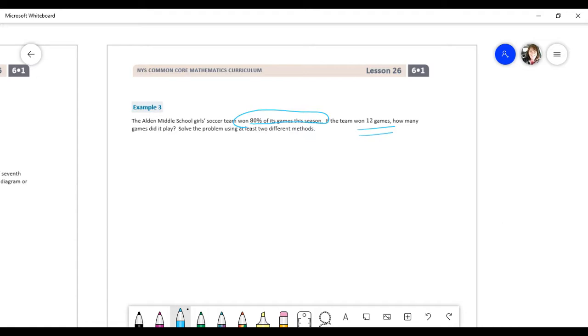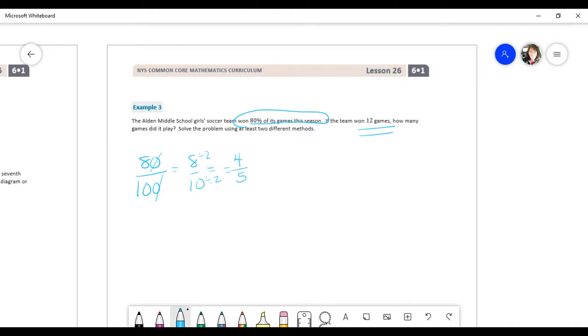All right. What about saying if we know 80%, okay, is... let's reduce that and see what we get. I can cross cancel my zeros, so I get 8/10. That reduces, I could divide by 2 on both. 4/5.